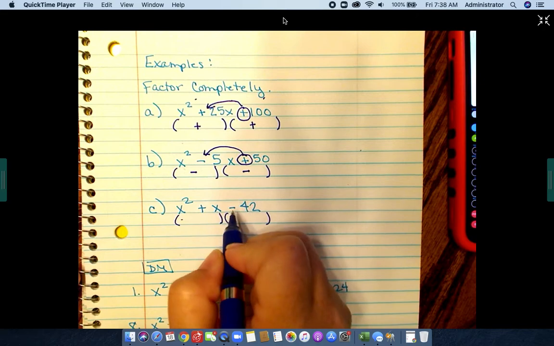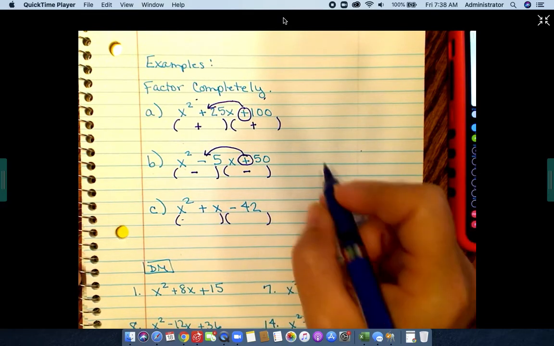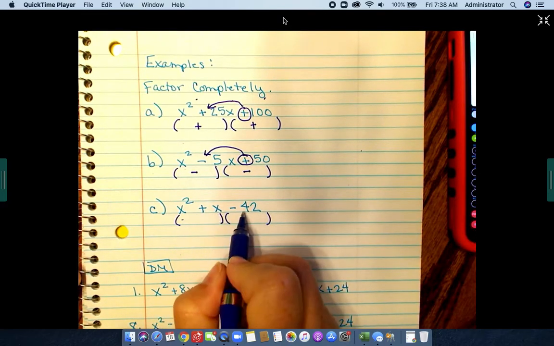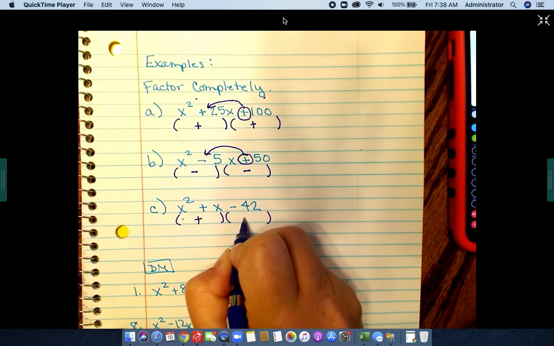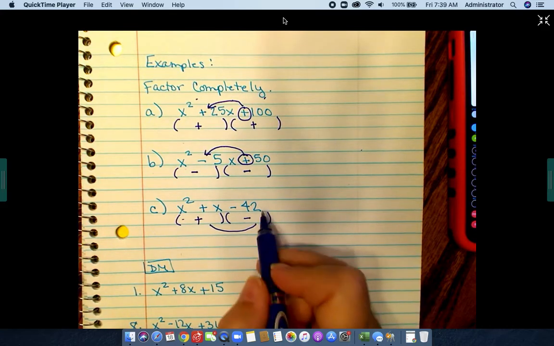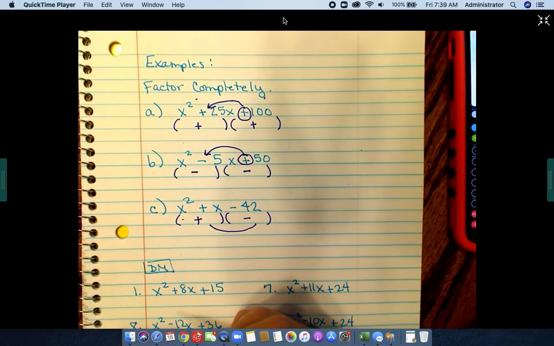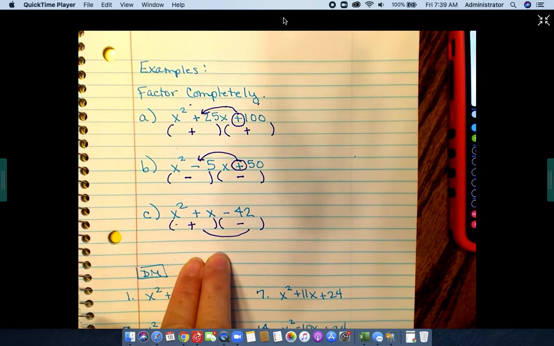And for C, since my constant is negative, the only way to multiply my last terms in FOIL and get a negative is if I have a positive times a negative. So that when these 2 numbers get multiplied together, I have a negative 42. So that's your first step, your parentheses and your signs.